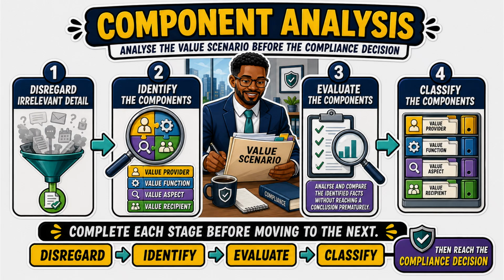If the evaluation is incorrect, the classification and the resulting compliance decision may also be incorrect. You should therefore complete each stage before moving to the next stage. Only after the components have been correctly classified should you reach the compliance decision.